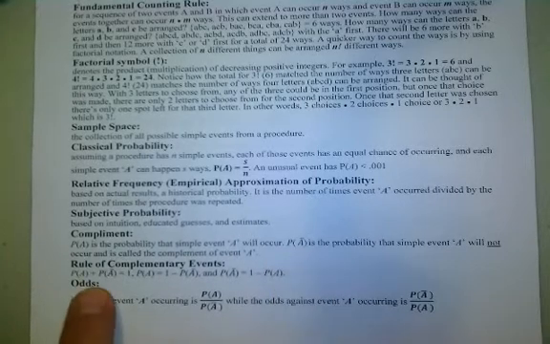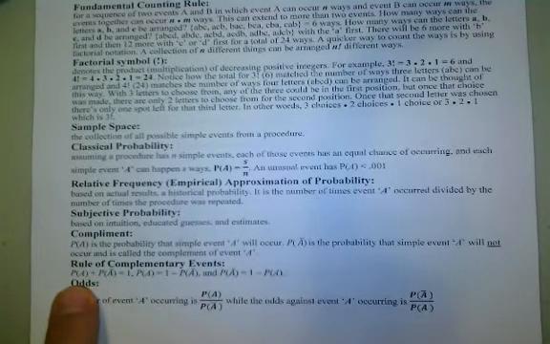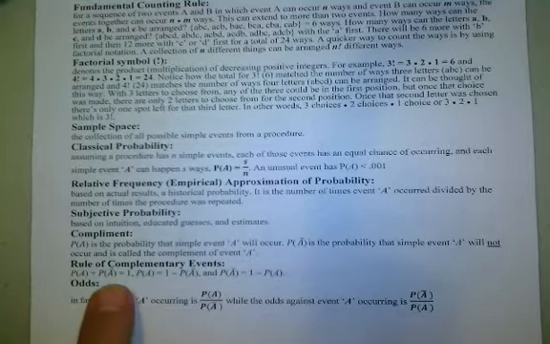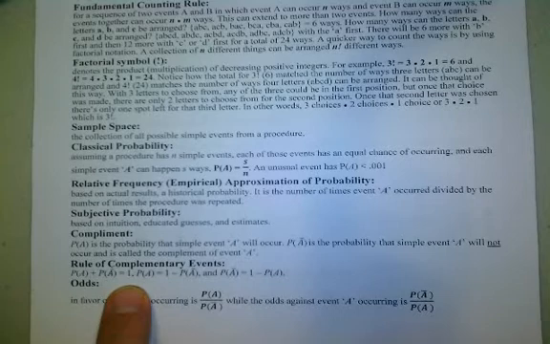And basically the way it works for the rule of complementary events is, you don't have any choices. It either is going to happen or it's not going to happen. And between the two of them, that is all possible outcomes, and therefore it has to equal 1. A probability of 1 that one or the other is going to happen.